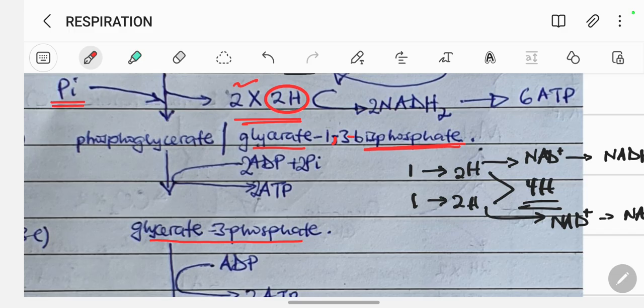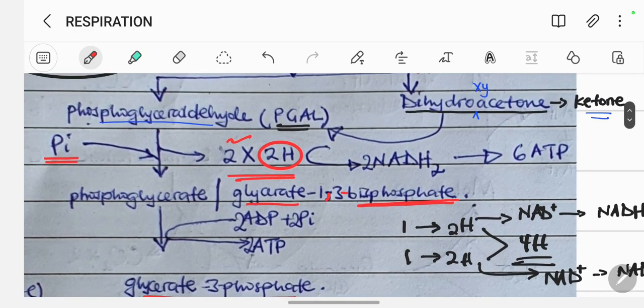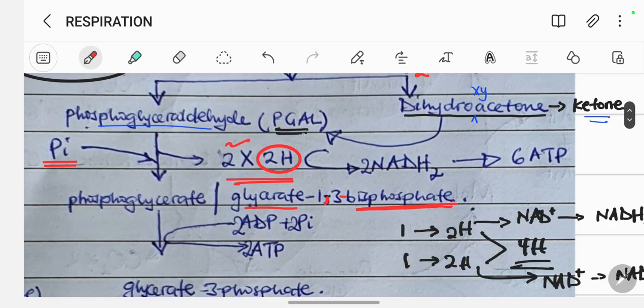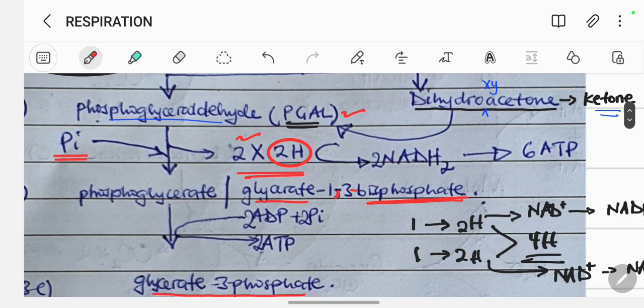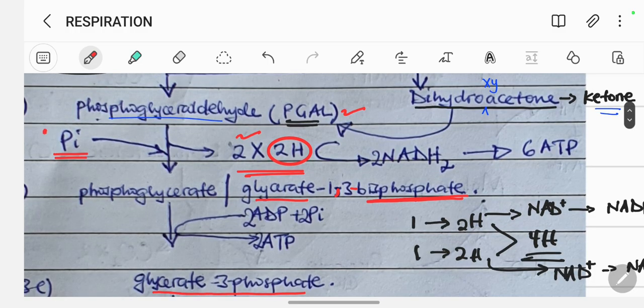So what happens is that from our PGAL here, we had one phosphate group attached to the glyceraldehyde molecule. Then we added the second one, so there are 2, and one is attached to carbon atom 1 and one attached to carbon atom 3. That's why we call it glycerate 1,3-bisphosphate.